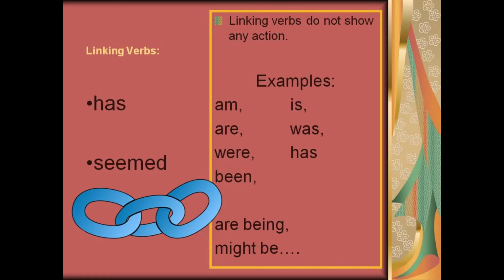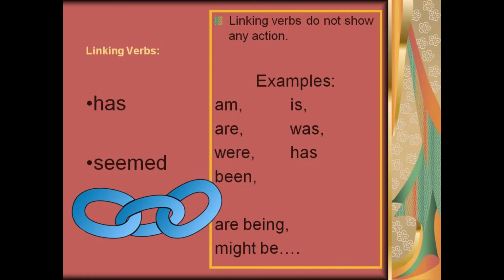It should be noted that linking verbs do not show an action. They do not show visible actions. We spoke about these previously. And here are some further examples of linking verbs. Mostly you have the to be verbs, state of being verbs.